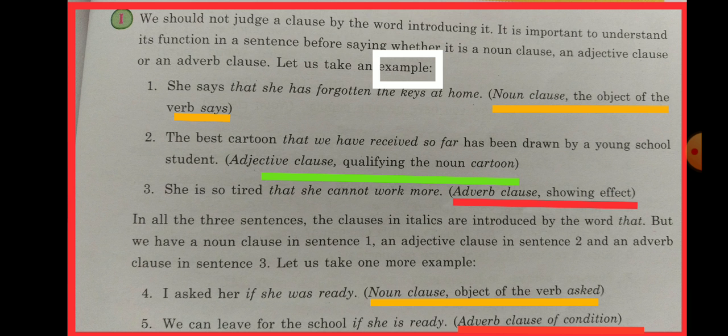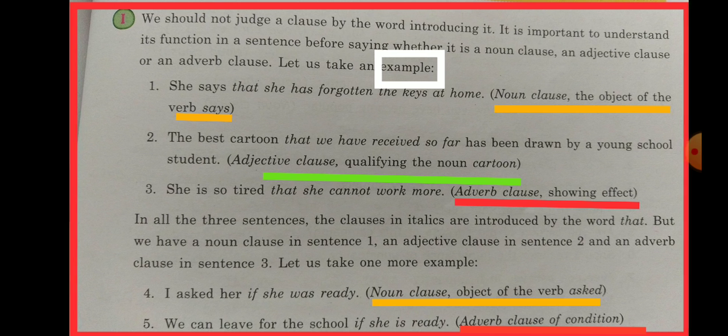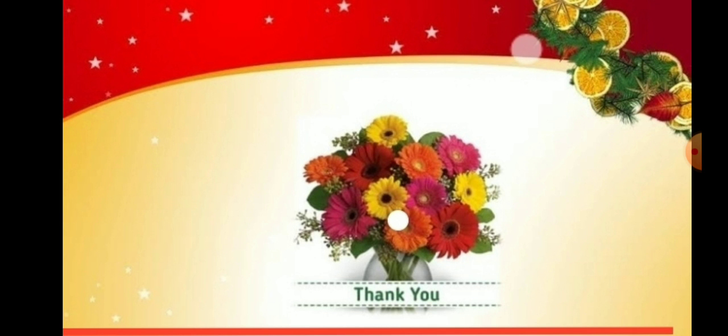But you have to remember that the sense should be according to the clause. You have to understand the sense of the clause, then judge which category the given clause belongs to. This is all about the clauses. So this is how our chapter regarding clauses is over. Thank you.